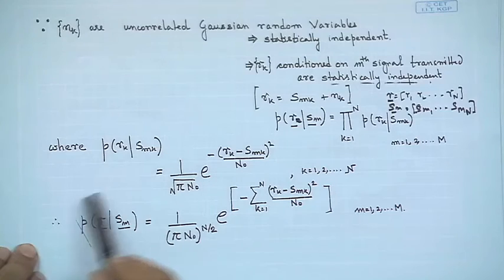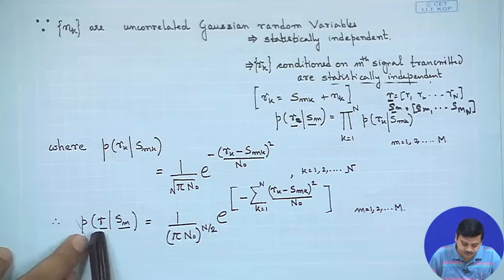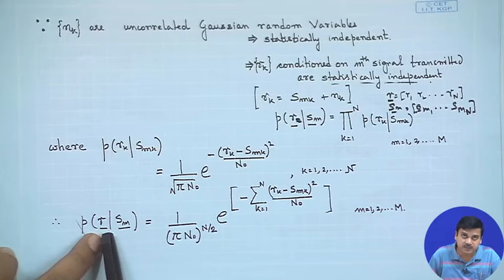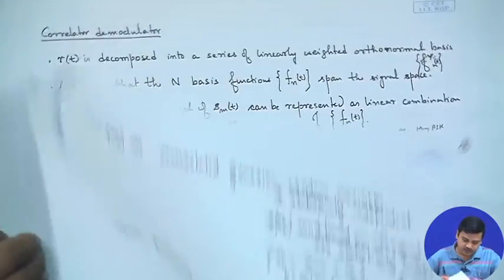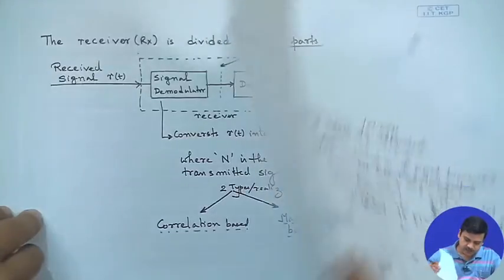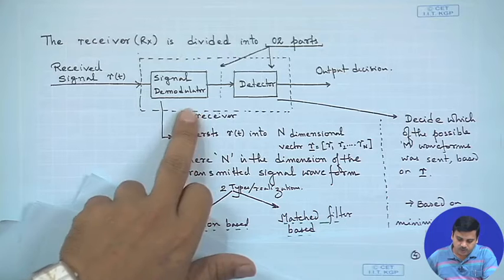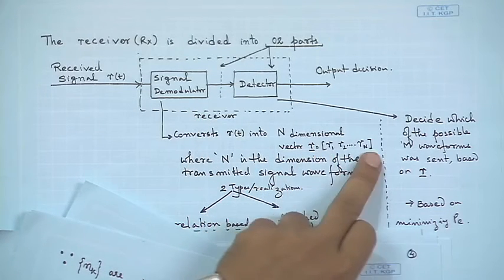Once we are done with the matched filter realization and the correlator receiver, we will take advantage of this expression we have arrived at, which gives us the PDF of the received signal components given the transmitted signal. At the initial part of our discussion we stated that the receiver will produce components, and r(t) is decomposed into these vectors.